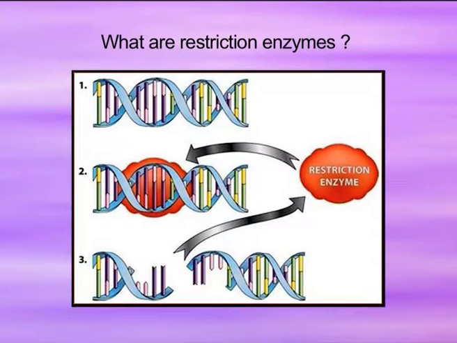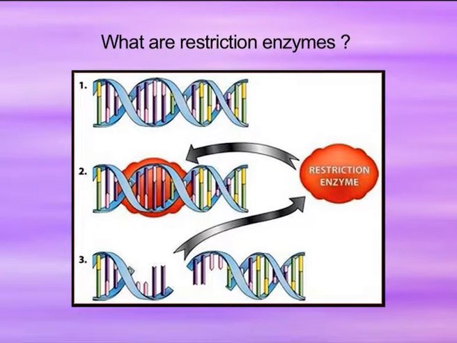Let us now move to what restriction enzymes are. As the name suggests, these are a group of enzymes, but they have a specialized function associated with them. They are capable of cleaving double-stranded DNA at certain points.